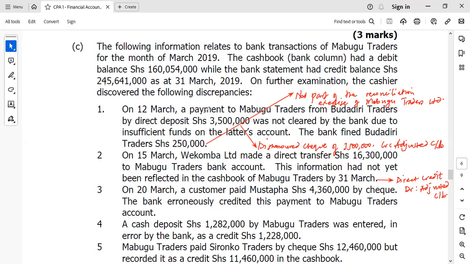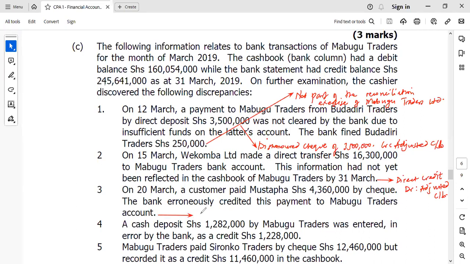Now this is a bank error. The bank made an error. Some amount was recorded on the bank account of Mabugu Traders, yet it was for someone else.